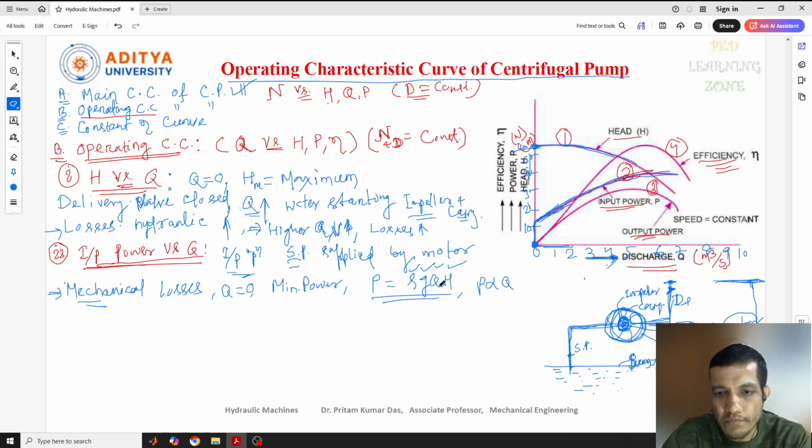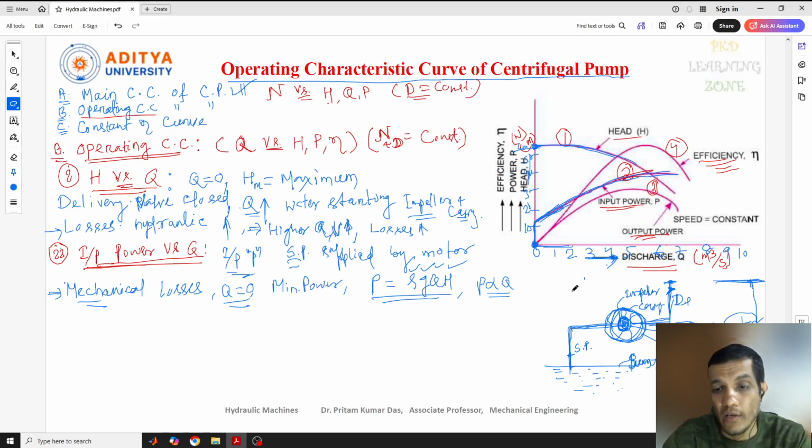H and Q are already covered. Power is directly proportional to Q: as discharge increases, input power also increases. And as I said about the losses, even at zero discharge the power is not zero. Even at zero discharge, some power is required.